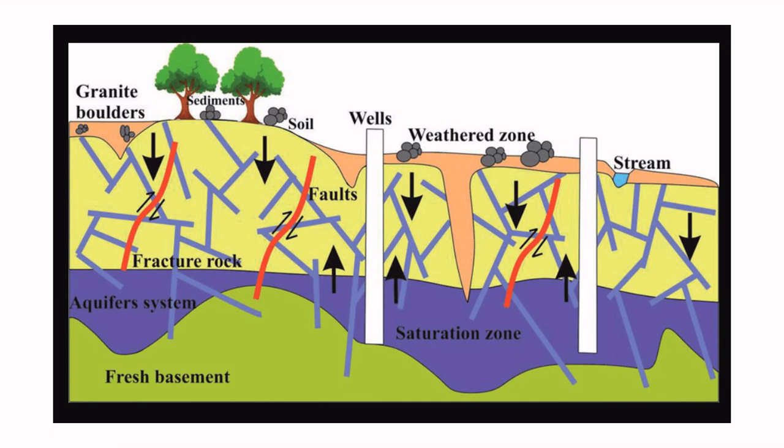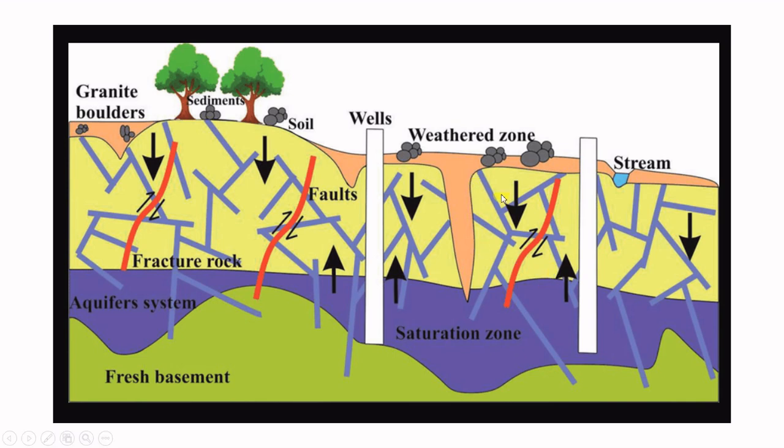So this is how the granites get fractures, and they can become confined, semi-confined or unconfined aquifers also. So for the groundwater occurrence, the depth to water table varies from terrain to terrain and also depends upon the hydrometeorological conditions and the thickness of the weathered zone.